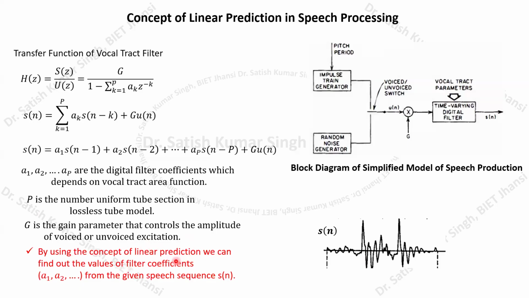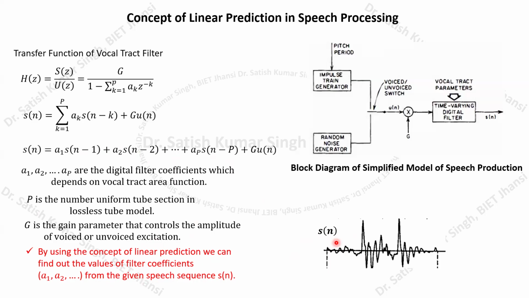Using this linear prediction concept, we have to find the filter coefficients A1, A2 from the given speech sequence Sn, because we don't have access to these values. Once you are recording anything, you end up with just the speech sequence Sn, so only the samples of Sn will be available.